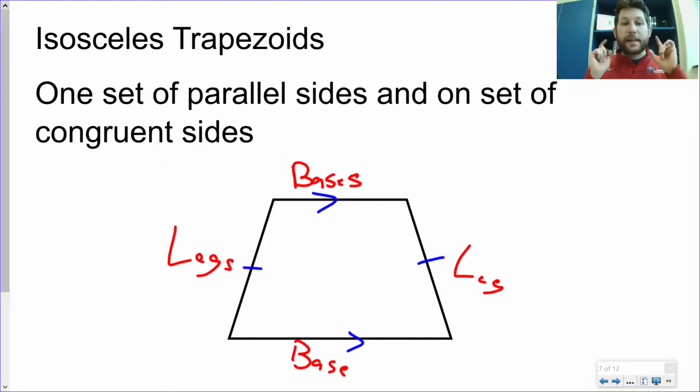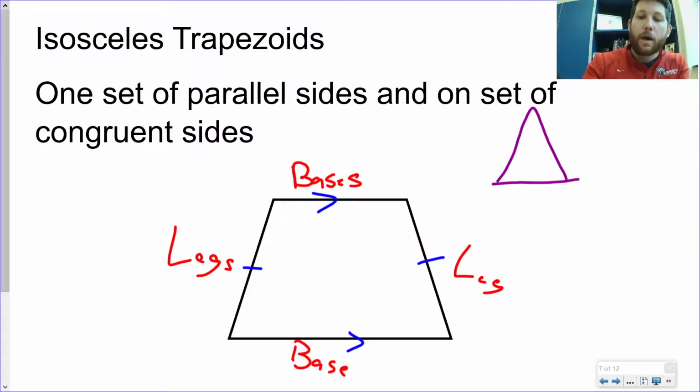All right, now there's a special kind of trapezoid, and that's called an isosceles trapezoid. Now let's see if we can think back to a time we talked about isosceles shapes. We also talked about isosceles triangles. Remember, isosceles triangles look something like this, where two of the sides are the same size.